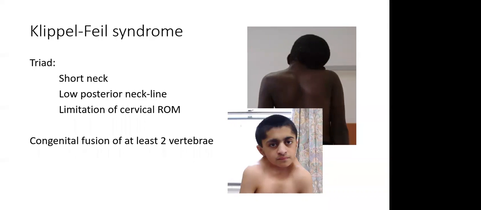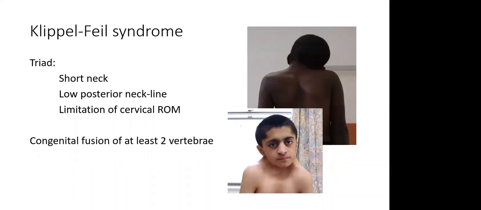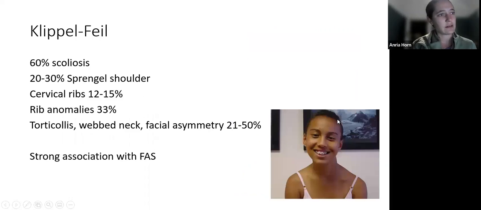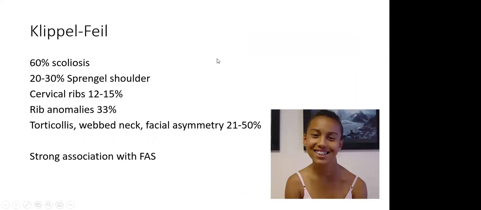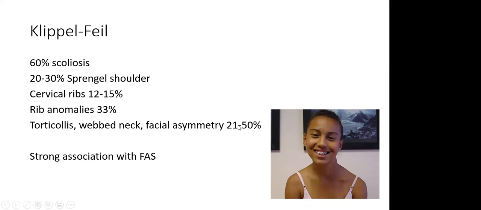It's basically congenital fusion of at least two vertebrae, and it is very commonly associated with a Sprengel shoulder, although a Sprengel shoulder can exist in isolation as well. Both these boys have Klippel-Feil and the Sprengel, and this is called just Klippel-Feil. 60% of them will also have scoliosis, 20-30% Sprengel, cervical ribs, rib anomalies, torticollis, webbed neck, and facial asymmetry because of the torticollis.